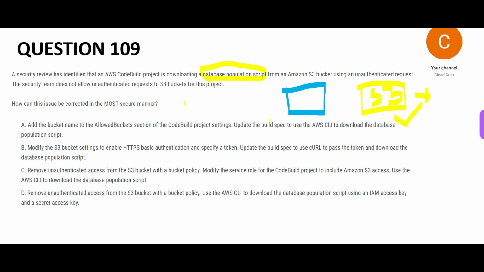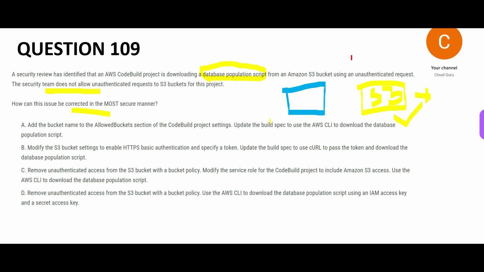If it is unauthenticated, what will happen? Like if somebody tries to get into your apartment and they are not authorized, the security guys will not allow that person to get in. Same thing happens here. The security team does not allow an unauthenticated request. How can this be corrected in the most secure manner?